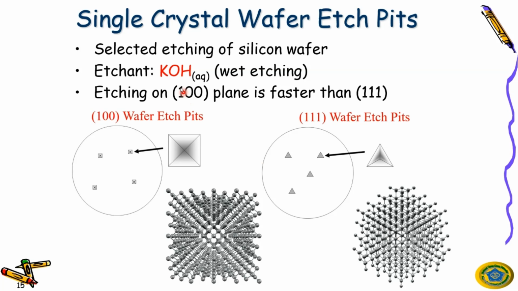When you put potassium hydroxide on the surface, which one do you think the etching rate will be faster, 100 or 111? Which one? Can you tell me? How are you going to decide the etching rate? How are you going to decide this?